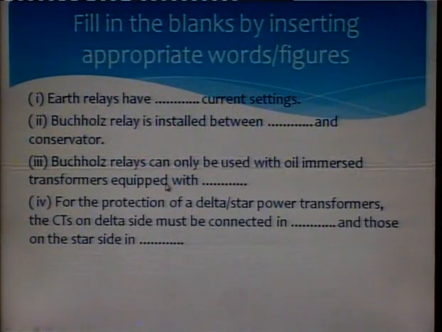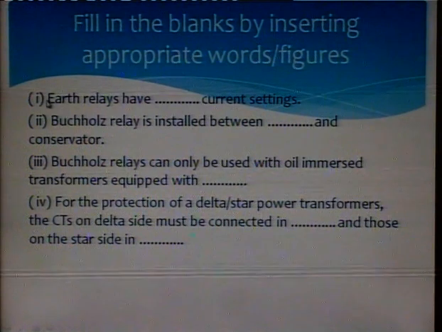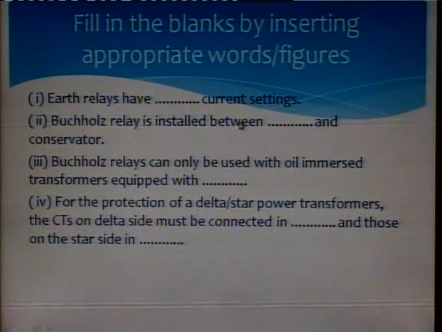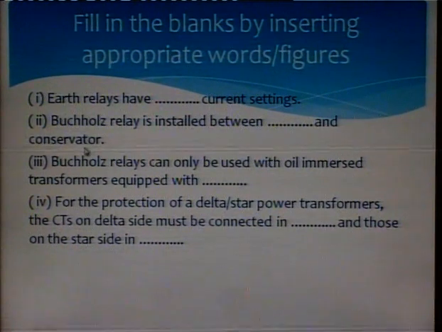So let us do some fill-ups. The first is: earth relays have dash current settings. Should it be lower or higher? Earth relays have lower current settings. The Buchholz relay is installed between the main tank and the conservator.